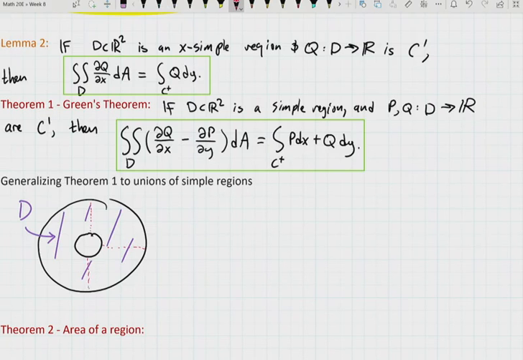Imagine just getting out a scissors and slicing it up. So let's say I look at the piece in the top right. That's this piece. Let me call it D1 up here.